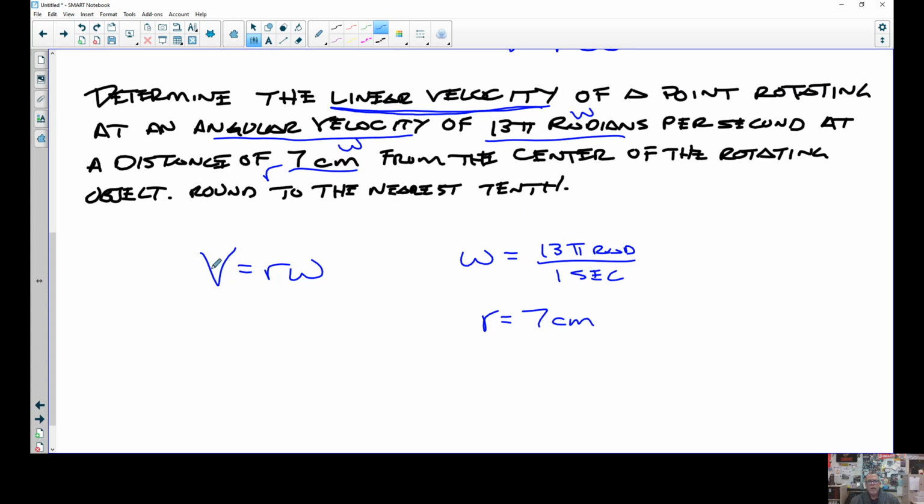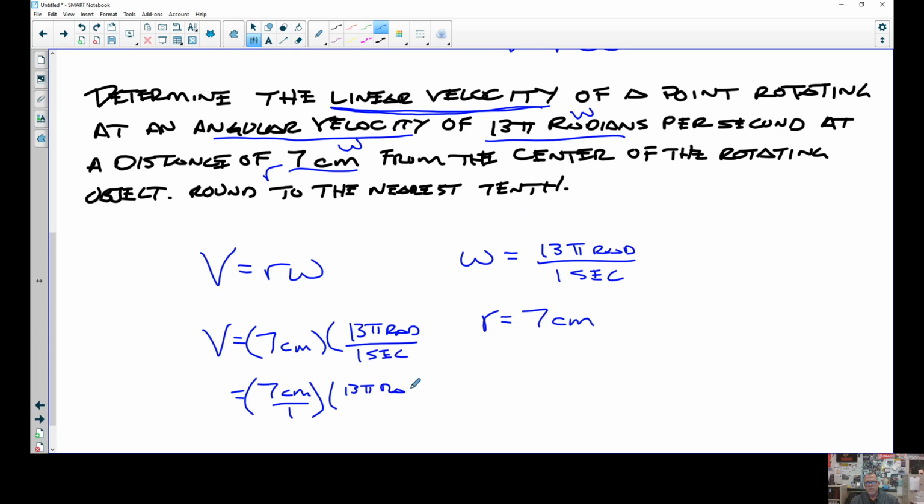So let's look at this. Now we can say velocity is equal to 7 centimeters times 13 pi radians per 1 second. All right, well, we want to think of it this way, 7 centimeters over 1 and 13 pi radians over 1 second.